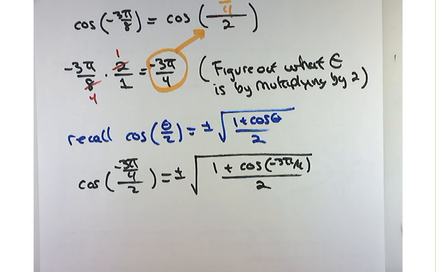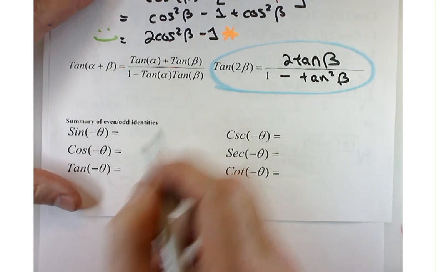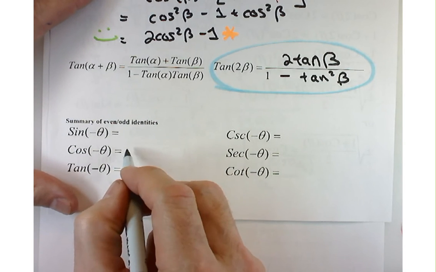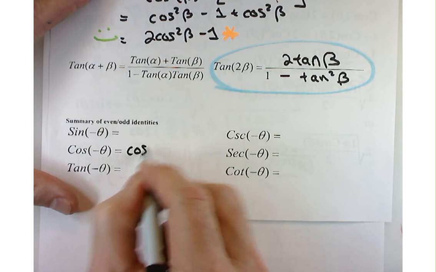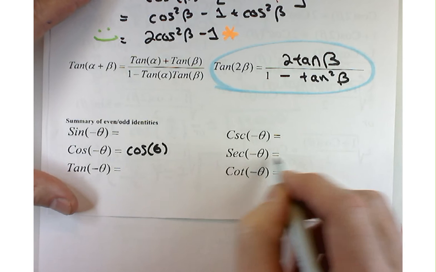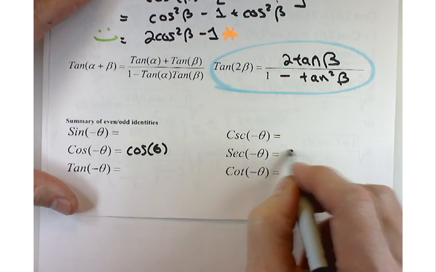Now I'm going to step back here for a second and use something I don't use too much, but it probably wouldn't hurt me to use a little bit more often, and that is our even odd properties. So going back way to the beginning here, cosine is an even function. So cosine of negative theta is the same thing as cosine of theta. Secant of negative theta is also secant of theta.